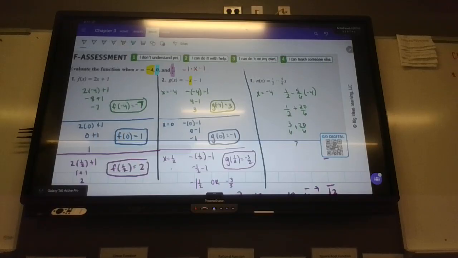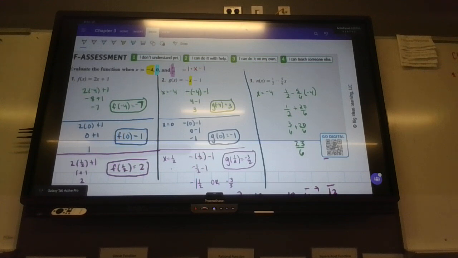I got 23/6. Let's see if we can do that in that calculator. Simplified, as a mixed number it would be 3 and 5/6.